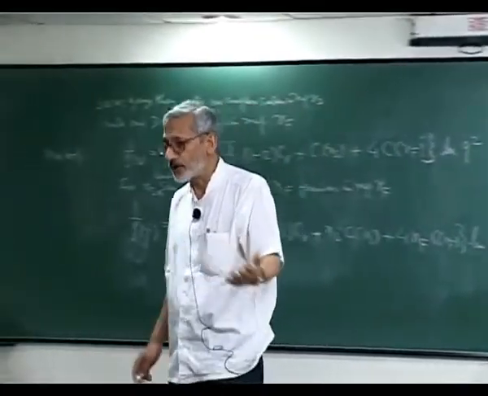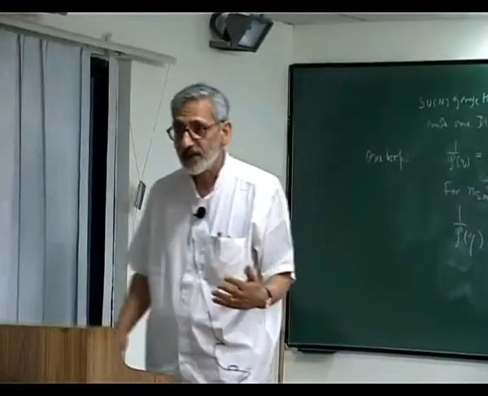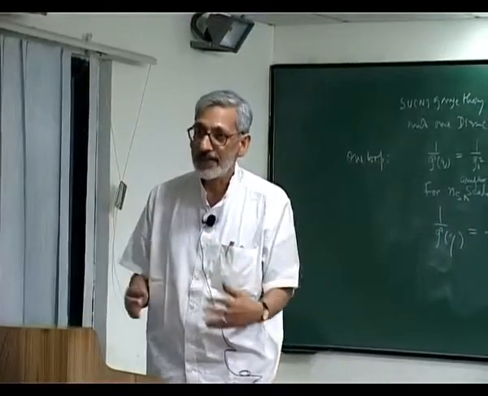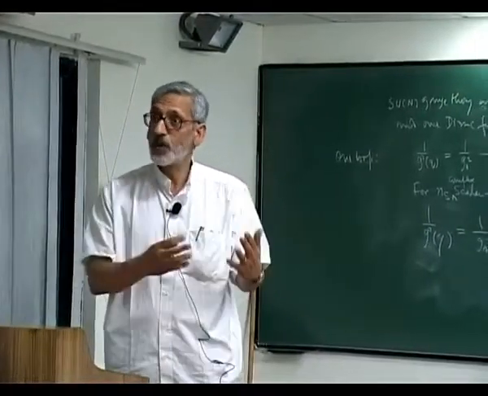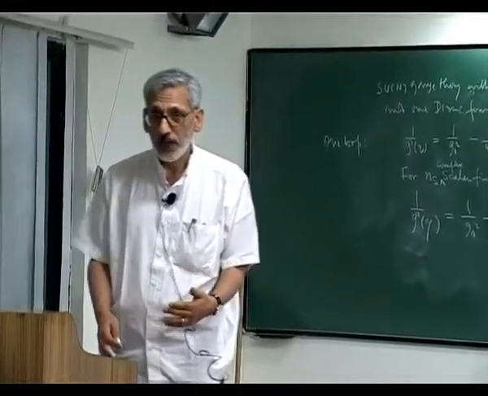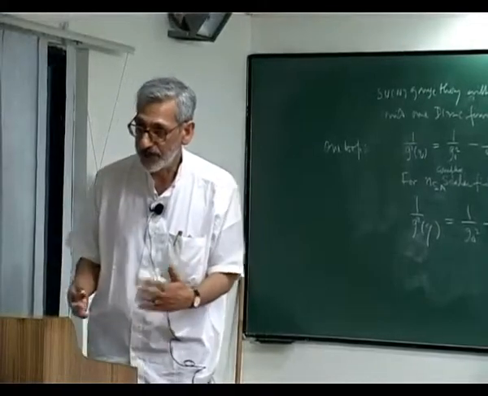It's true only to one loop. Second loop, the answer will be different. But if you do some more massaging to it, put more structure to it, then you can ensure that the same answer is true for all loops. And that massaging is setting up the complete n equal to 4 supersymmetric Yang-Mills theory.